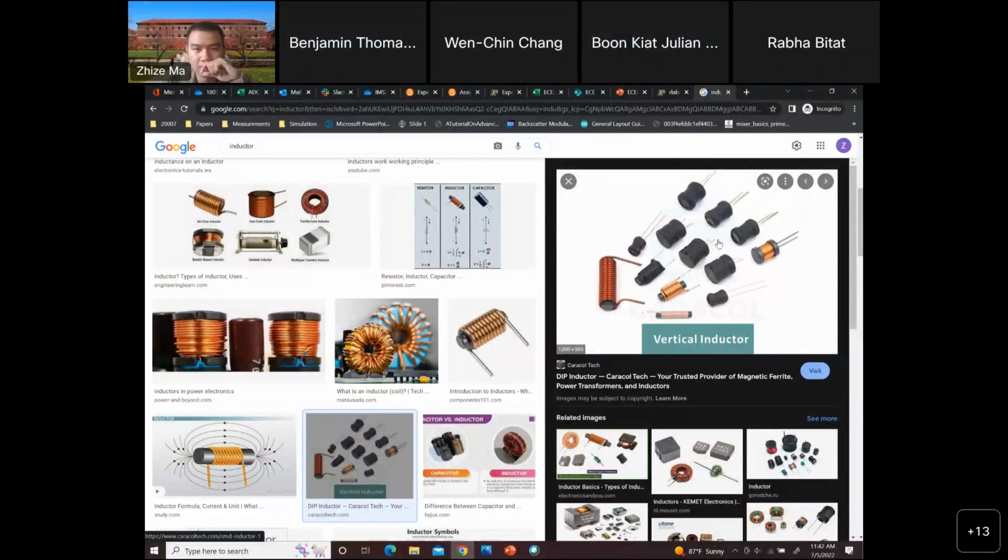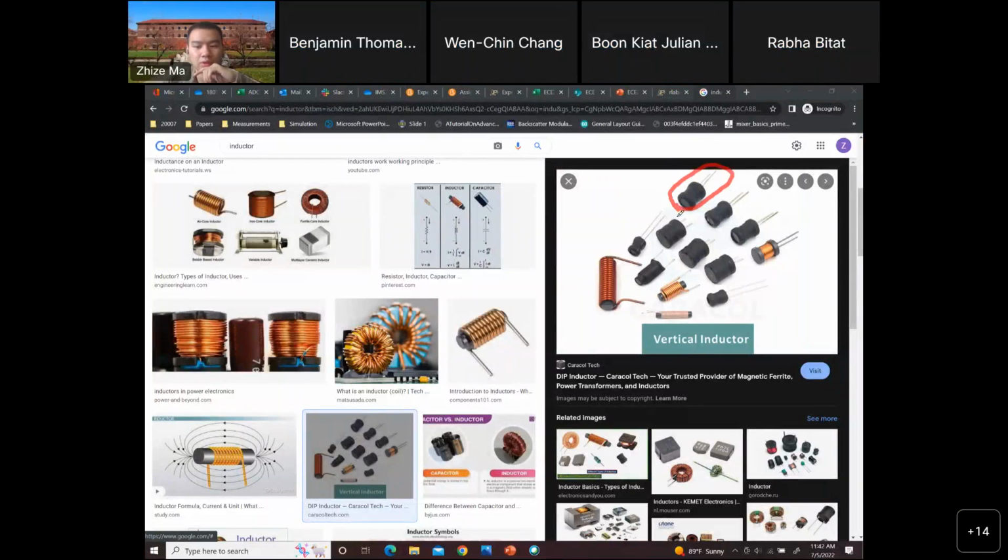The inductor in your lab kit should be something that looks like this. So that's the inductor in your lab kit. For the small value of the capacitor, that doesn't matter.